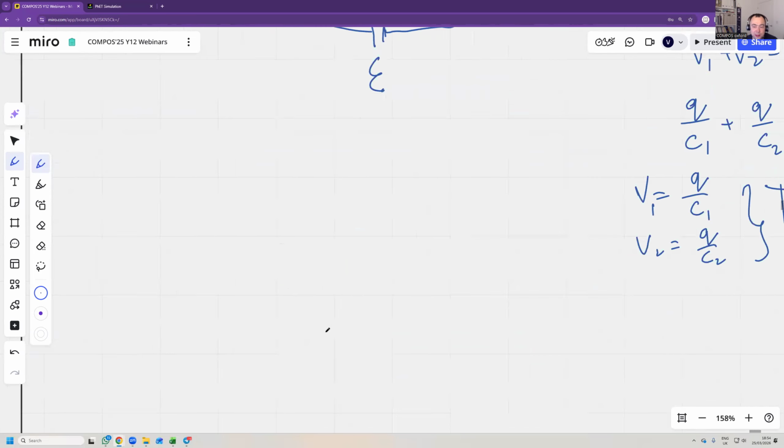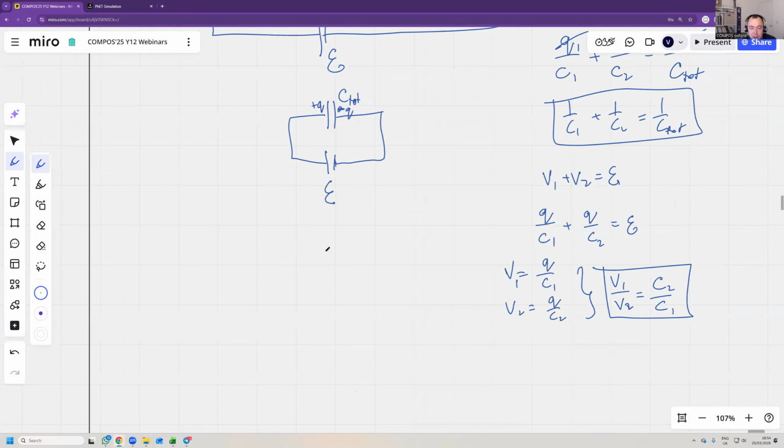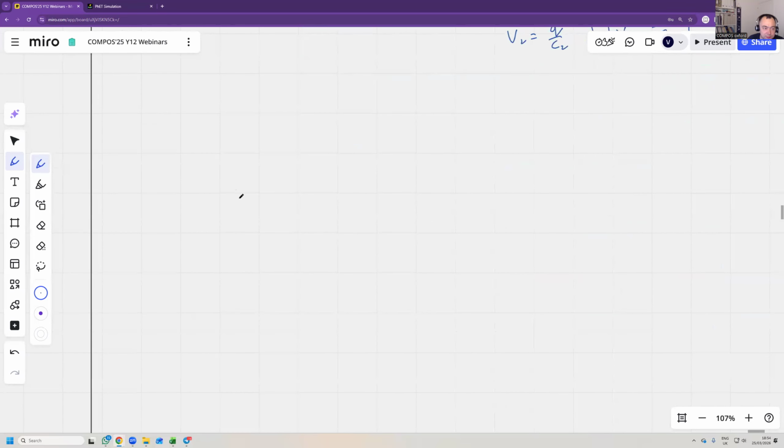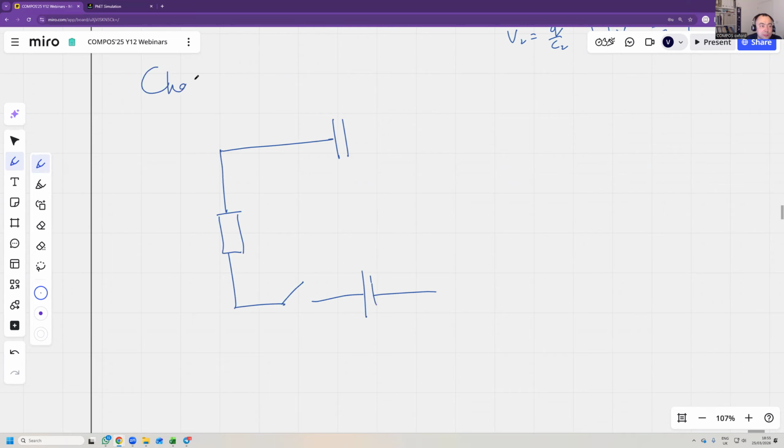Okay, and finally, I want to talk about charging a capacitor. So imagine you have a capacitor and a resistor and a switch and a battery. So this is problem 9. Charging a capacitor.